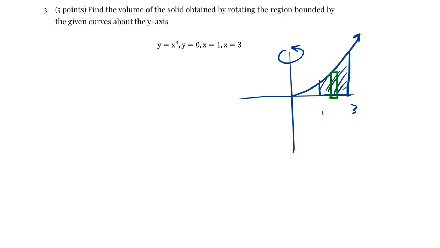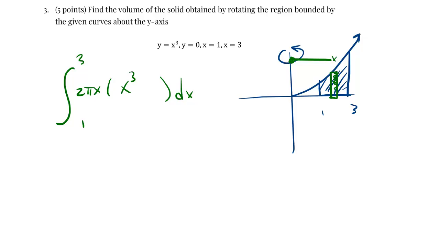So if I were using the shell method, I have the integral in terms of dx. 2 pi, the distance from my axis of rotation to my x value, well, that's just what we call x, so 2 pi x. And then the height of this rectangle is going to be just x cubed. And x goes from 1 to 3 in that problem.